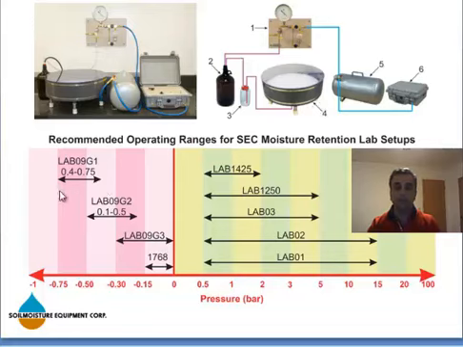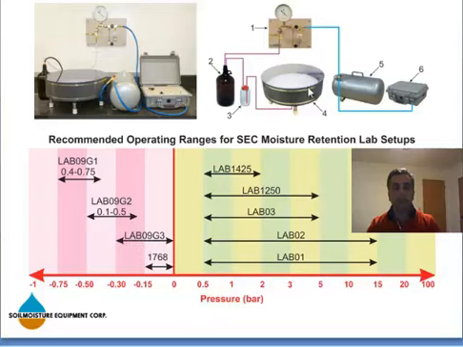1725 is not shown here, but the range of application can be Lab 9G1, Lab 9G2 combined. It's a 1 bar ceramic plate. So a 1 bar ceramic plate, the best range of application is here, but you can use it for half bar too. And the reason that these guys have overlap is that each system is tailored or optimized for a certain application.